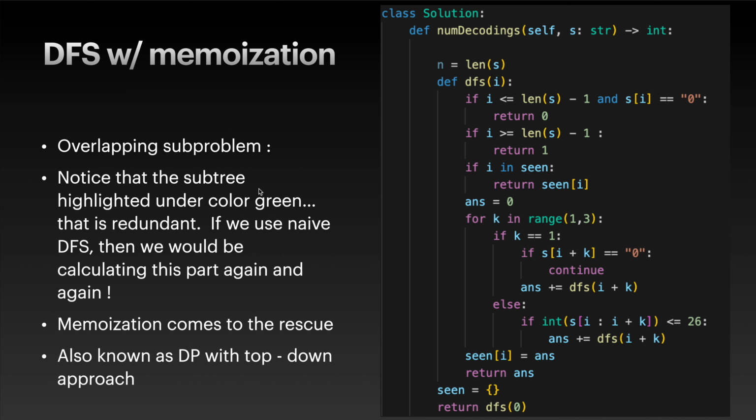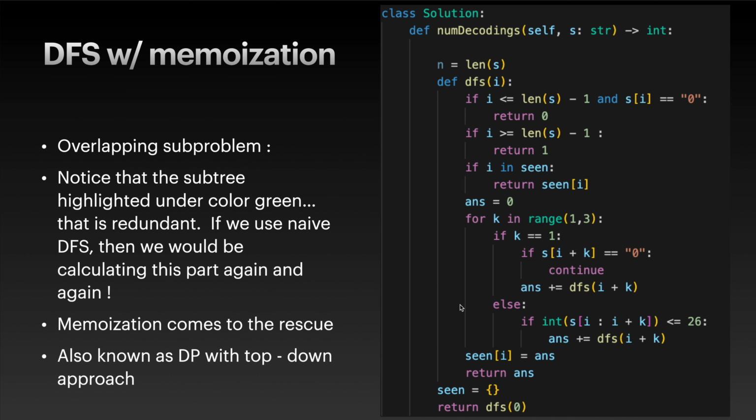So here is the memoization. Another way of saying it is this is dynamic programming with a top-down approach. The only difference is that we have this seen dictionary here, and if we have already seen this index i, then we just return seen at i.